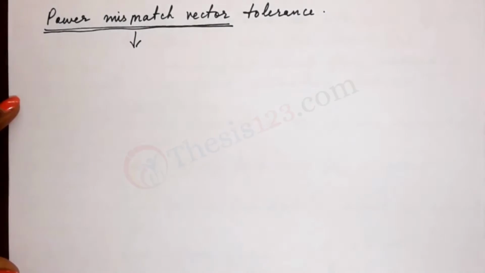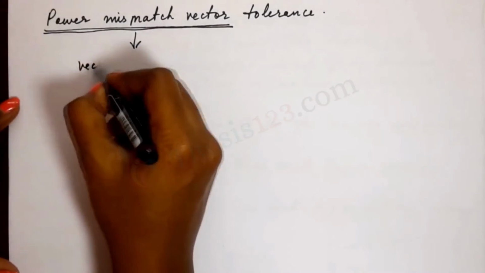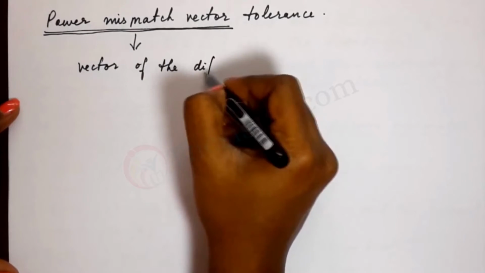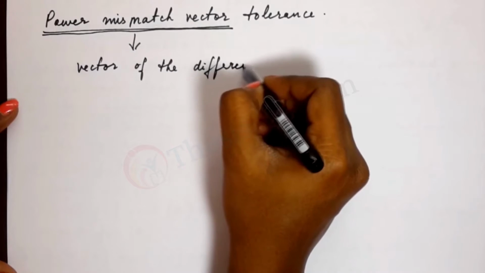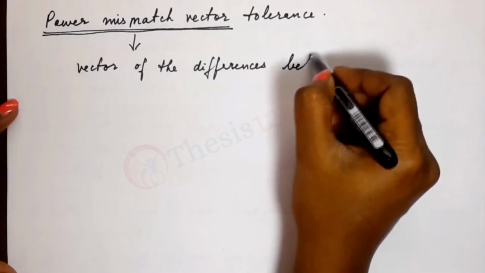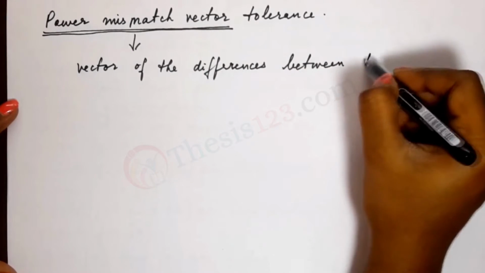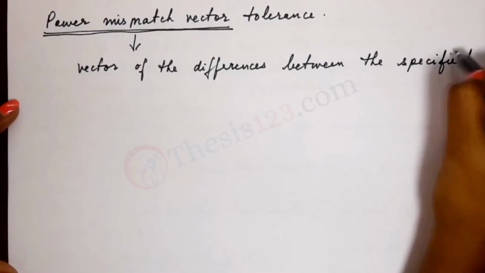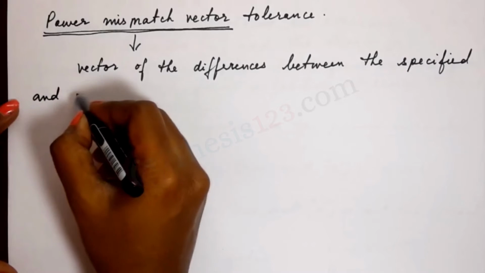This is defined as the vector of the differences between the specified and calculated power.